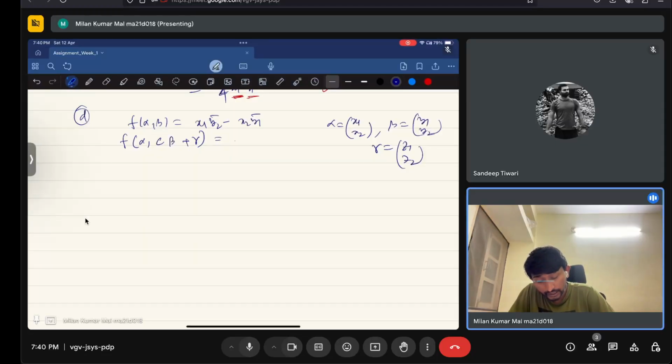So therefore, here it will be f of alpha, x1 x2, comma c1 y1 plus z1, c2 y2 plus z2.